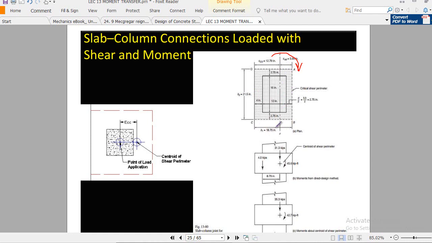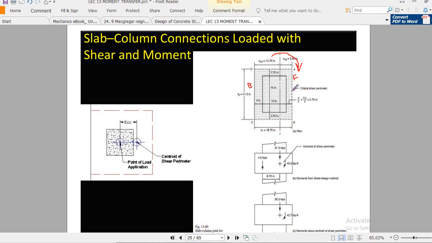So you already know B1 is the side perpendicular to the centroidal axis of the shear perimeter, and B2 is the parallel side. Now this face D2, you already know this shear perimeter, and the AB notations are the same, because this is now our front side. This is our front and this is our back, right? So this is our AB and this is our CD.